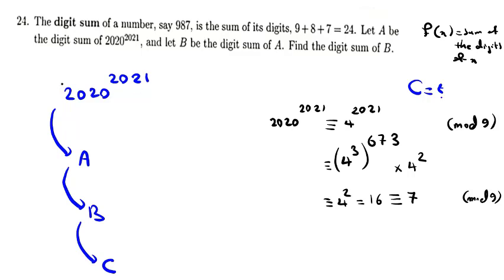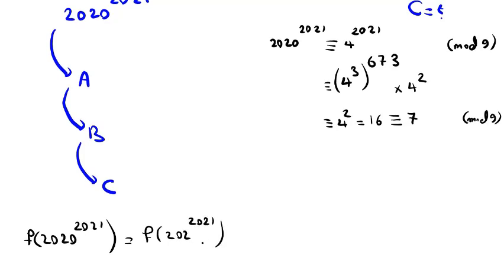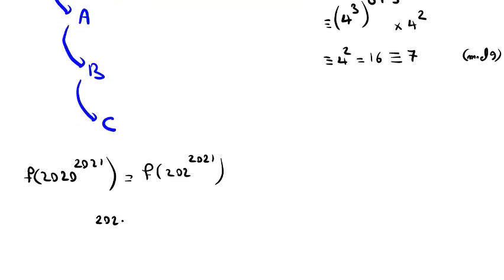If I consider f of 2020 to the power of 2021, the 0 is useless, so you can write this. And we know 2020 to the power of 2021 is less than 10 to the power of 3,606. I want to find the number of digits is at most what?